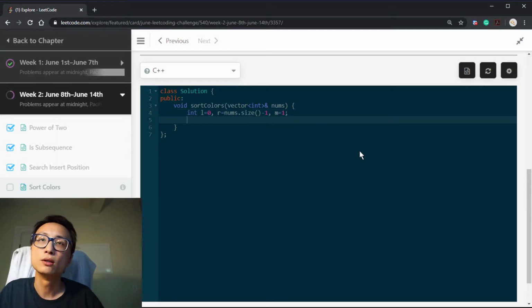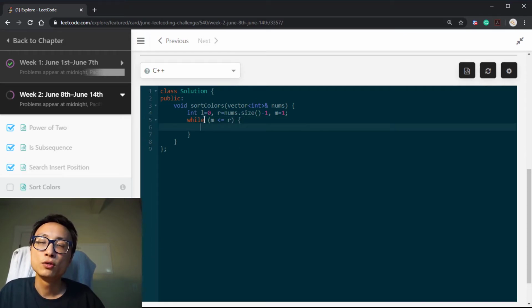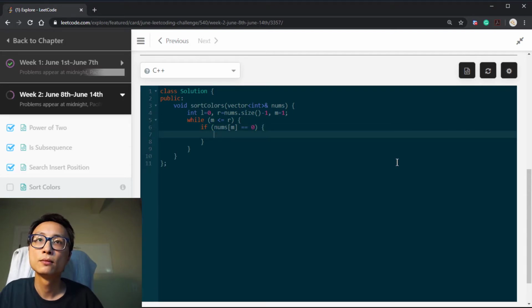So we can actually do 1, right? Yeah, let's try this. So the termination is that we haven't successfully met the starting point of the 2. That's when we're doing the element check. If we are looking at a 0, we try to swap with left. We'll handle how the pointer moves later on.